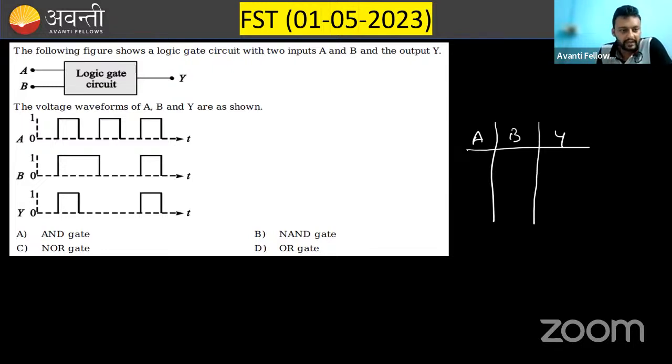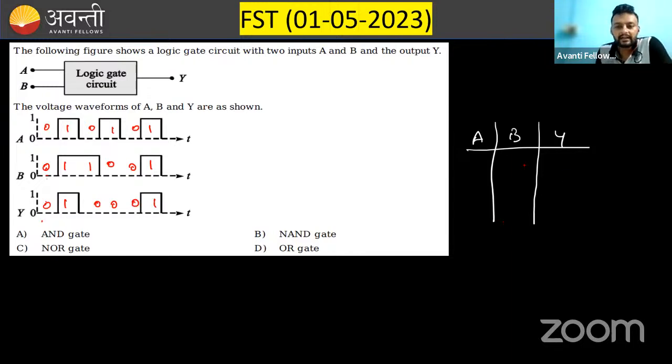From the waveforms, I can see that for A, the input is 0, 1, 0, 1, 0, 1. For B, I can say this is 0, 1, 1, 0, 0, 1. For Y, it is given 0, 1, 0, 0, 0, 1.